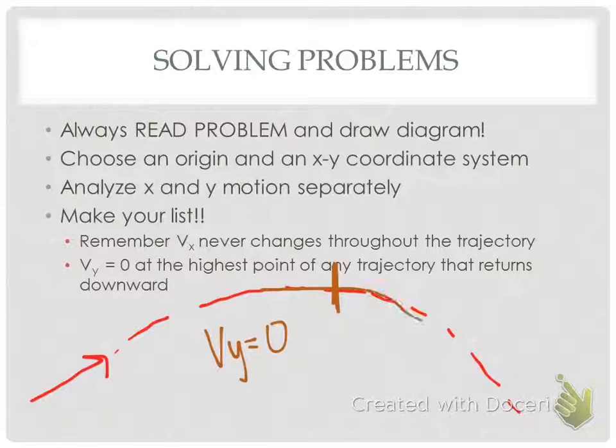Is it still moving horizontally at that point? Yes, it's still moving horizontally at that point, okay? Because there's no acceleration in the x direction. It doesn't slow down or speed up at all through the process. So its speed horizontally is constant throughout its entire motion. Vertically, you have fluctuating velocities. Horizontally, you do not.